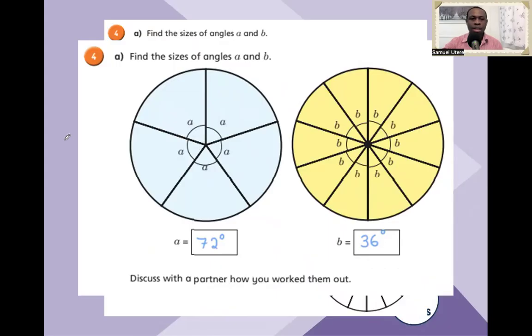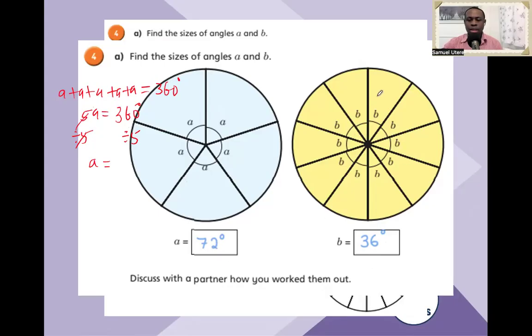If we were to add these, mastering our equation solving skills, we will say A add A add A add another A and add another A, because there are 5 A's, will be equal to 360 degrees. 5A is equal to 360 degrees. Remember your equation solving skill. You have to divide both sides by 5. A will be equal to 72.